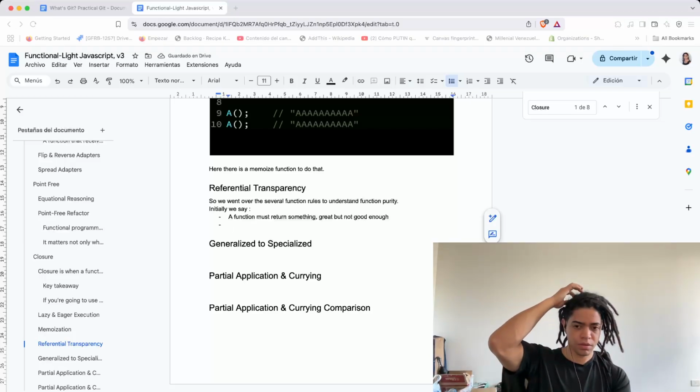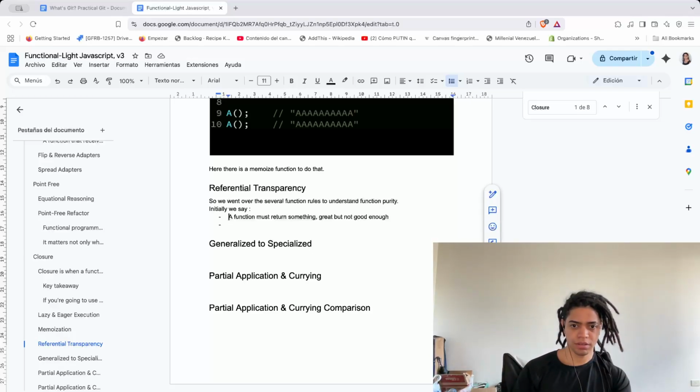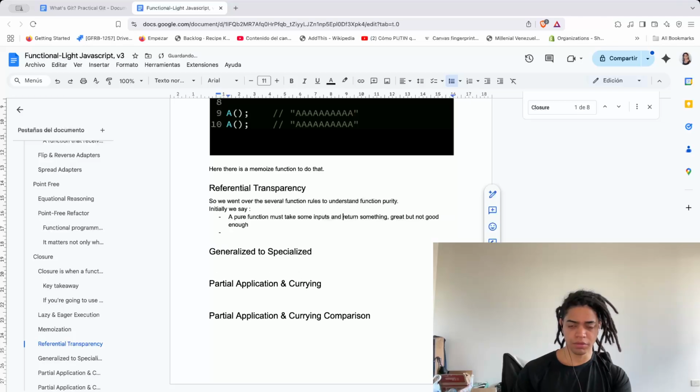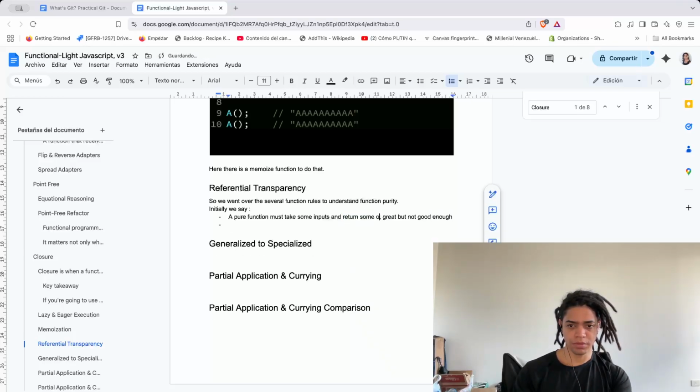The very, very beginning, okay? That was good, but not good enough. A pure function needs to take some inputs and return an output. So a pure function must take some inputs and return some output, right?